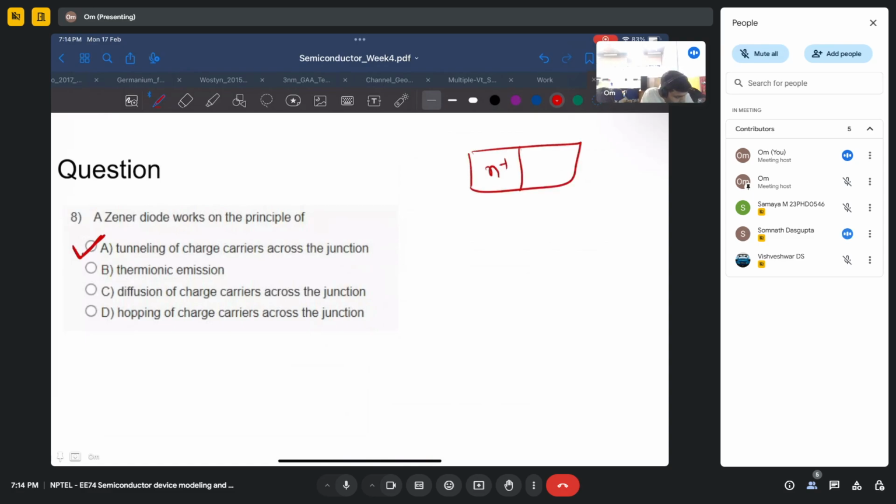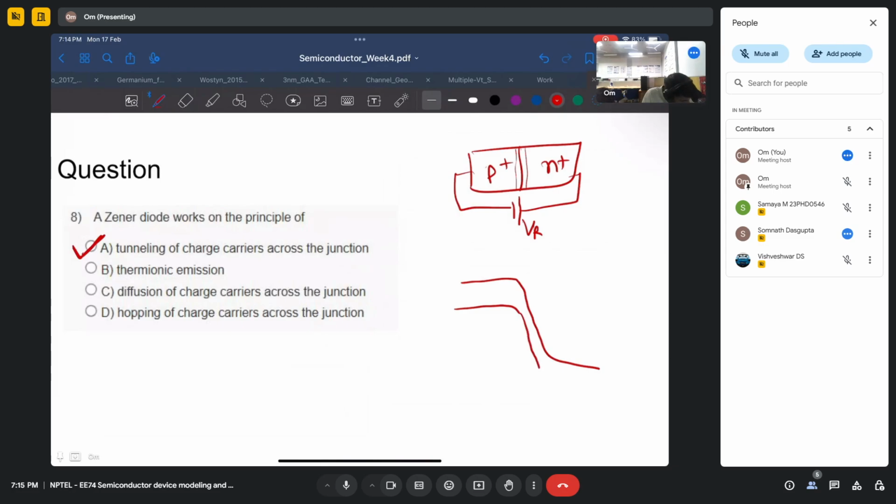Let me draw it, P plus and N plus. So there is a very thin depletion width on both sides. And when you apply a large reverse bias, VR, you get a very thin depletion width.